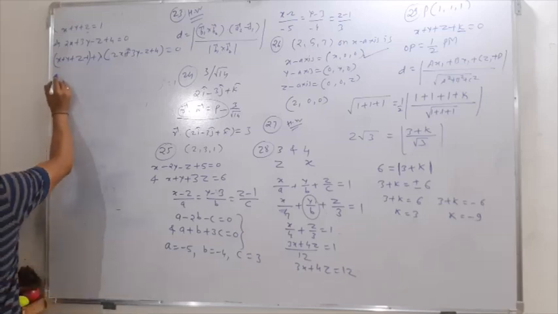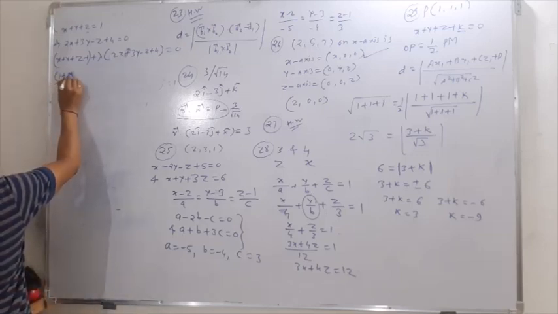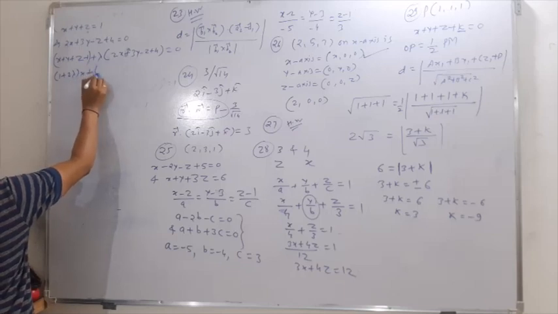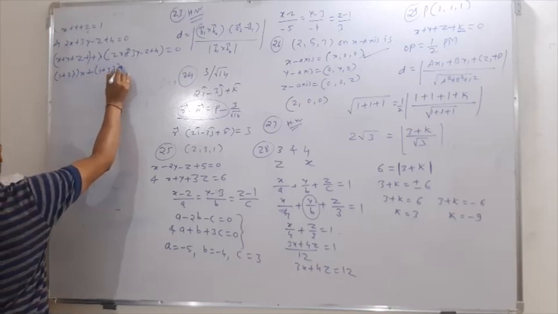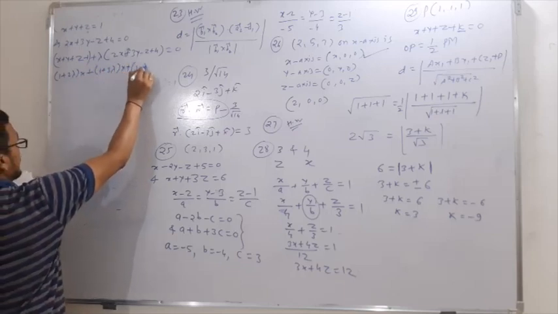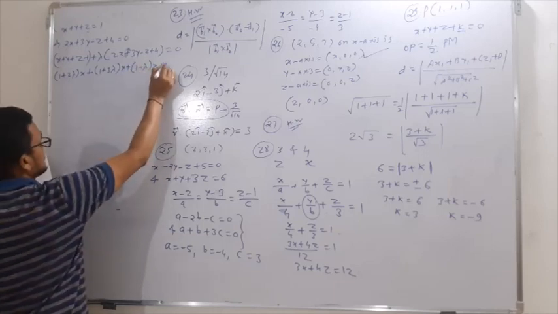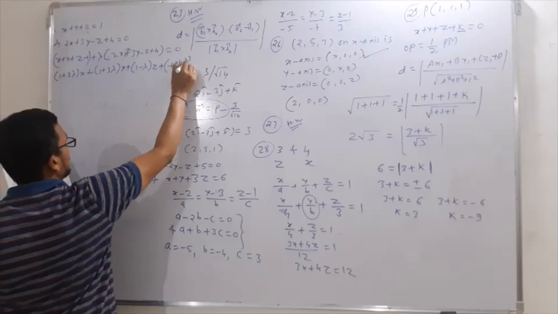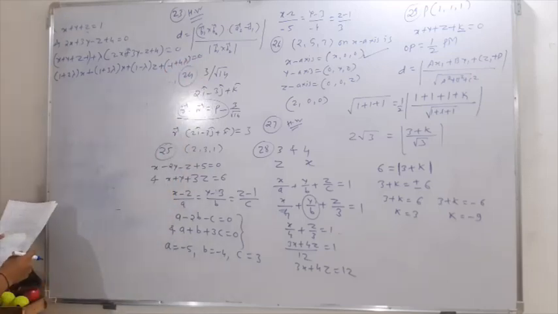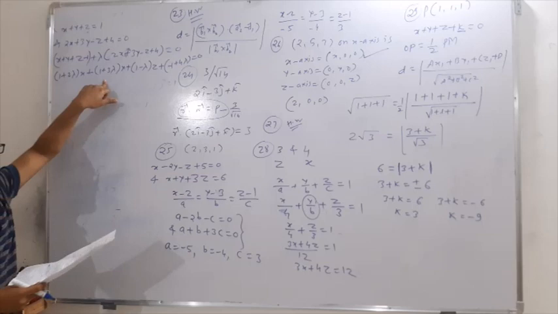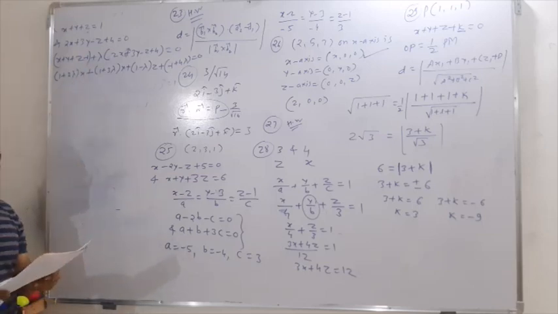So when you simplify this, you will get 1 plus 2 lambda into x plus 1 plus 3 lambda into y plus 1 minus lambda into z, plus minus 1 plus 4 lambda is equal to 0. But they have given that these planes are parallel to which axis?